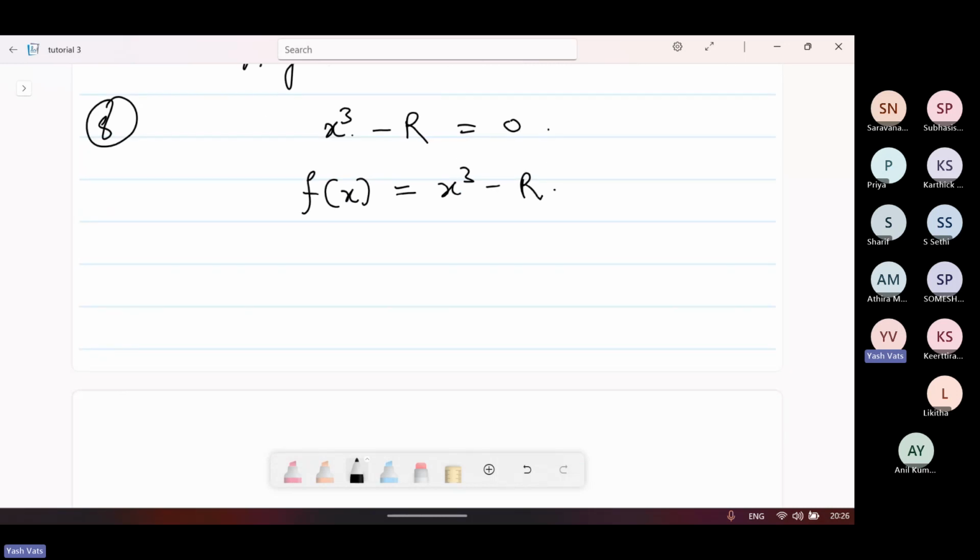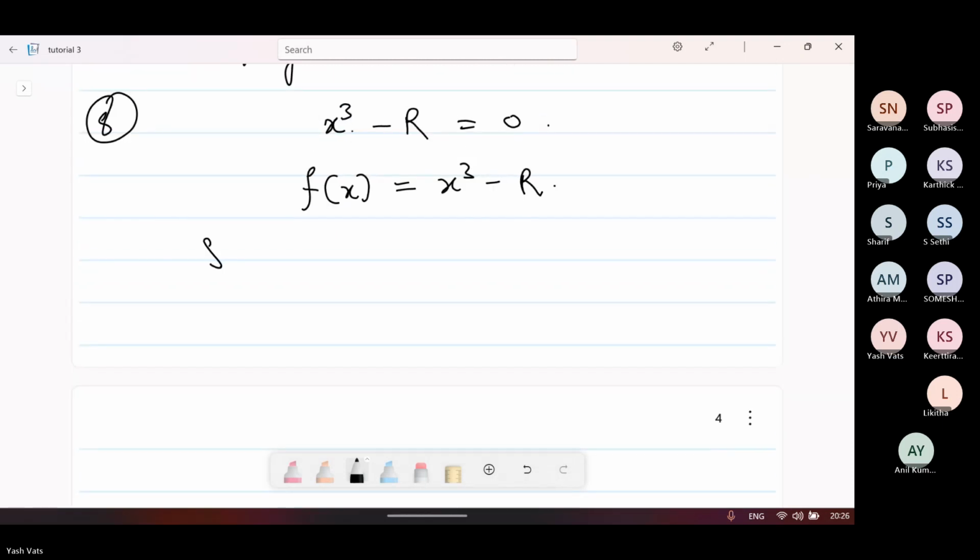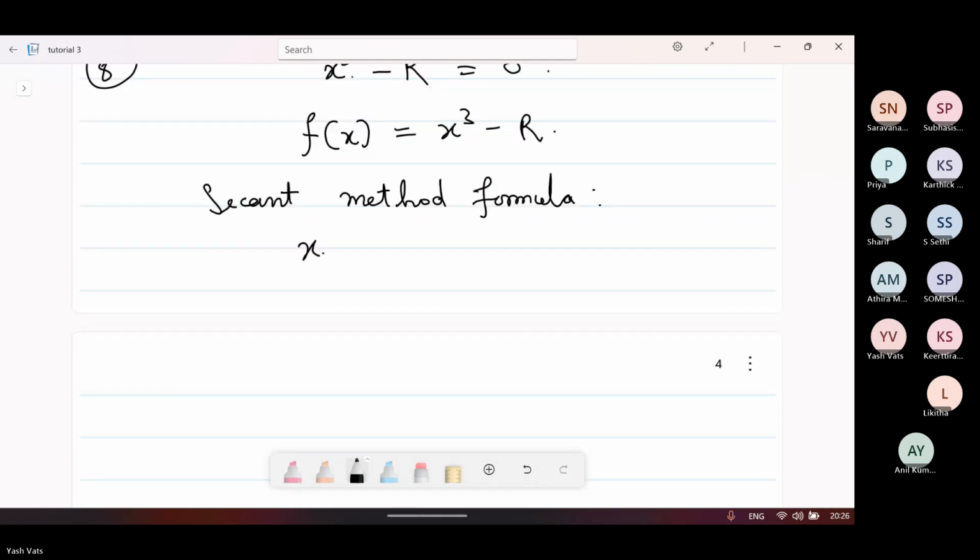Do you remember that? x n plus 1, the general one, is x n minus... Is it that?